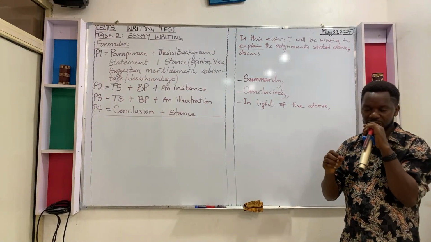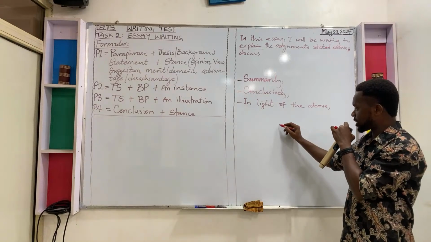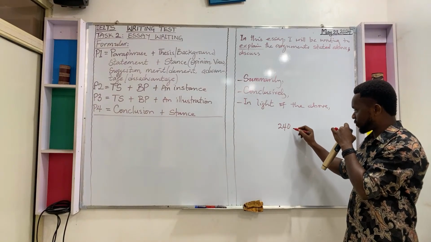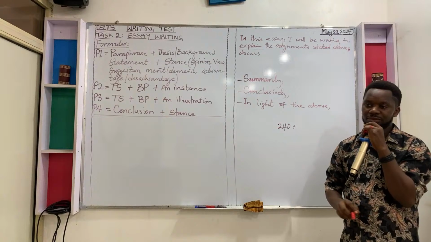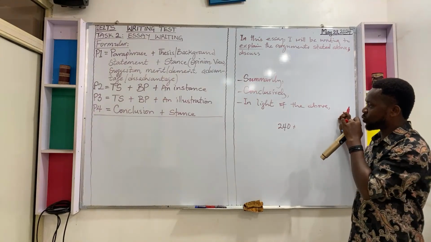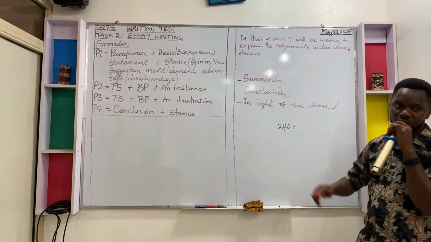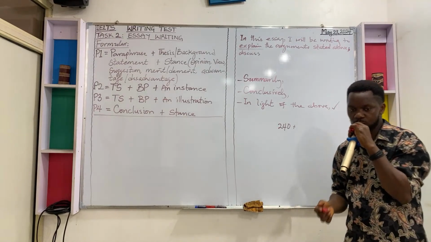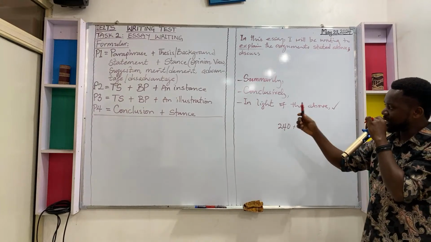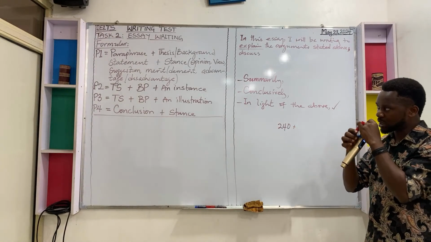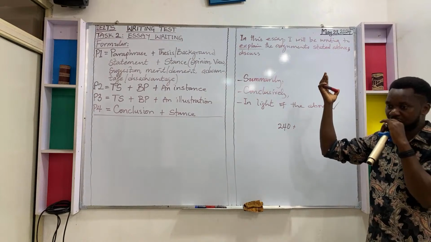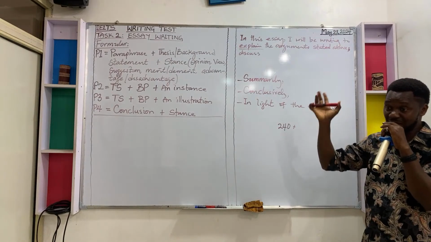If you have written up to 240 words above, the best way to conclude or start your paragraph 4 is the use of "in light of the above." Why is it so? This is because when you say "in light of the above," you don't need to start talking about whatever you have written in the previous paragraphs anymore.